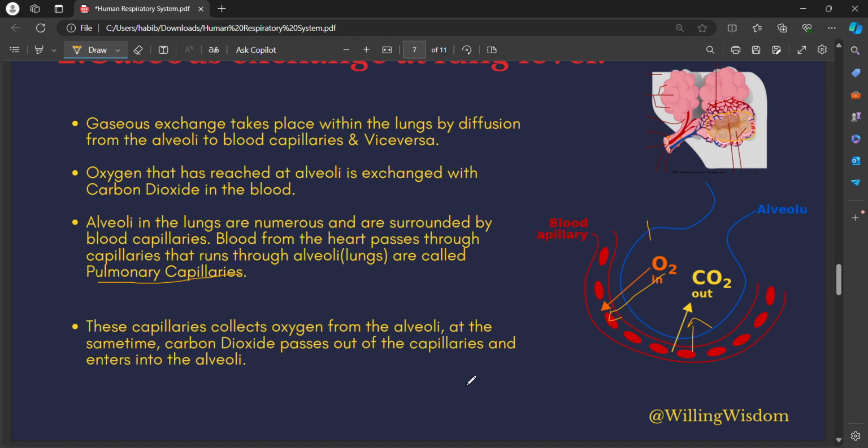When I'm talking about blood vessels, you need to understand that there are two kinds here. The first is the artery and the second is the vein.